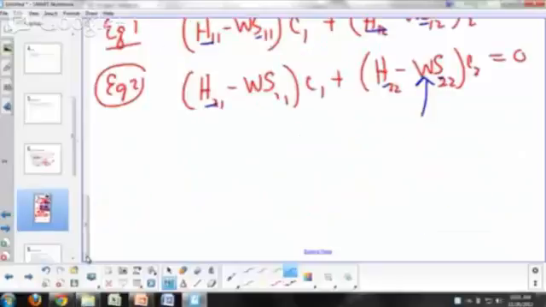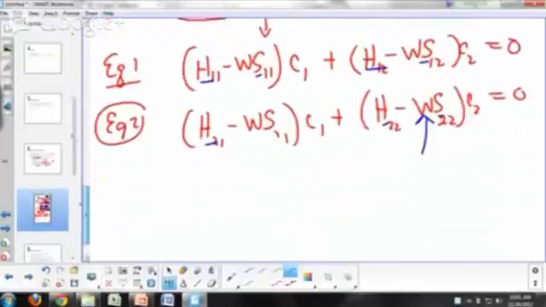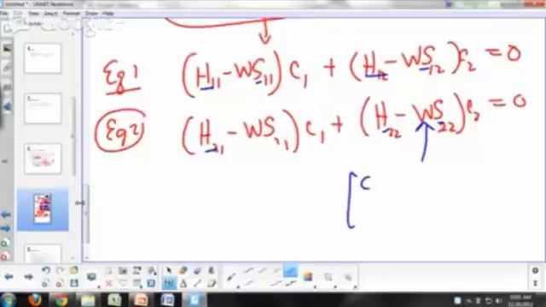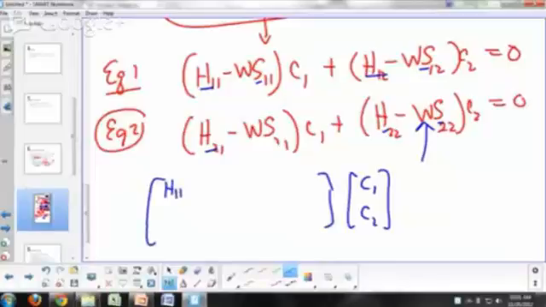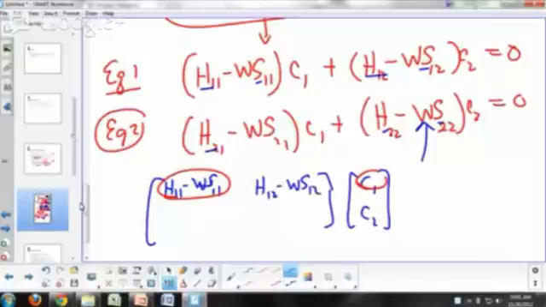So you can express this in matrix form. I'm going to put the coefficients in one matrix, and then I'll have another matrix here. I can have H11 minus WS11 times C1 plus H12 minus WS12 times C2.